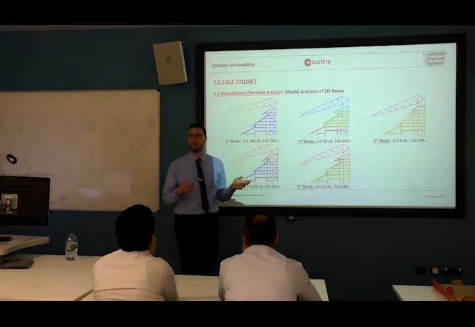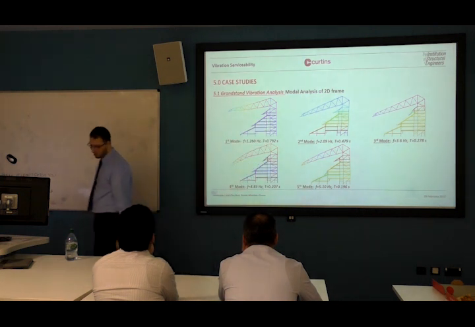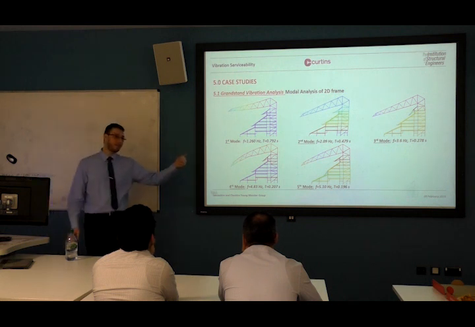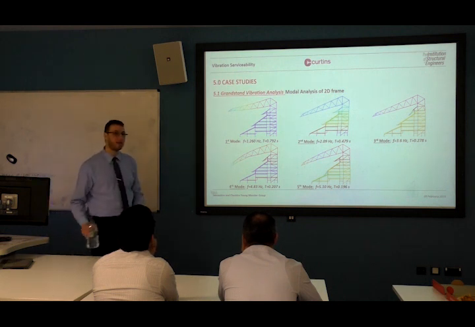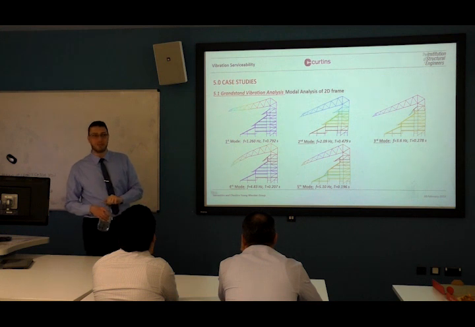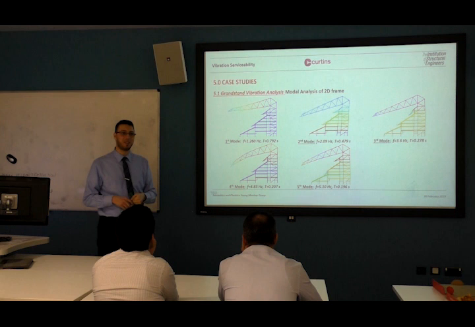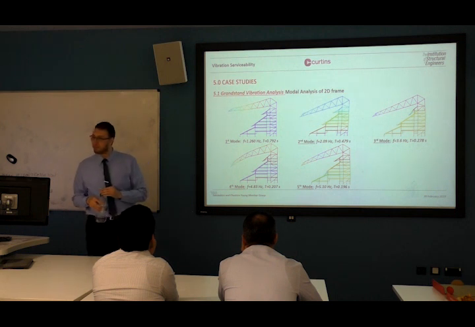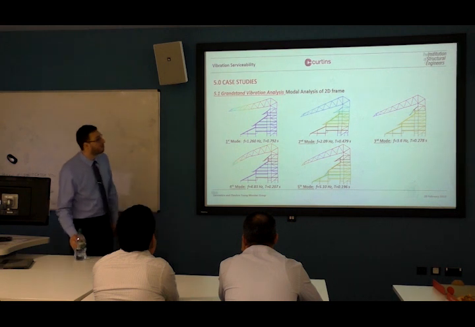Anyone guess what UB they've used for the raker here for 9 meters? What would you use if you were the designer? Sorry? 533? Alright, 533.